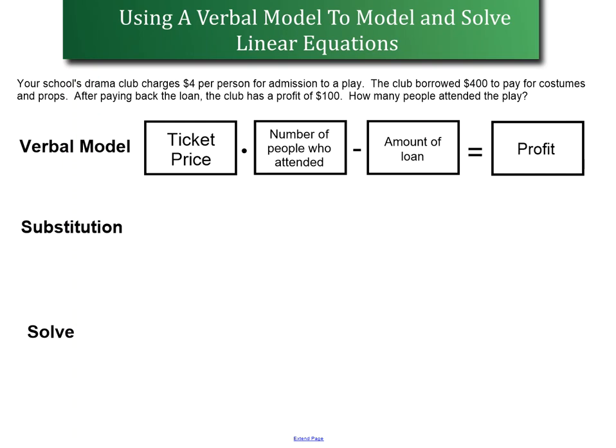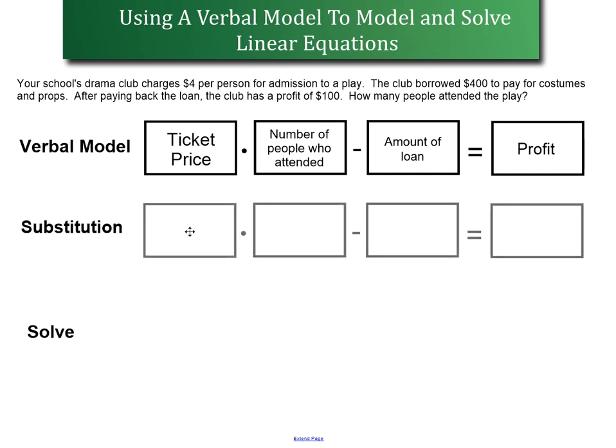Okay, then the next step here is to look at the problem. What information were we given? What is unknown information? In these boxes, if there is a one variable equation, like all of these are in this lesson, then all of the boxes besides one are going to be filled with numbers from the problem. And then there's one that's going to be left over, which is an unknown, which is what you're solving for. How many people attended the play?